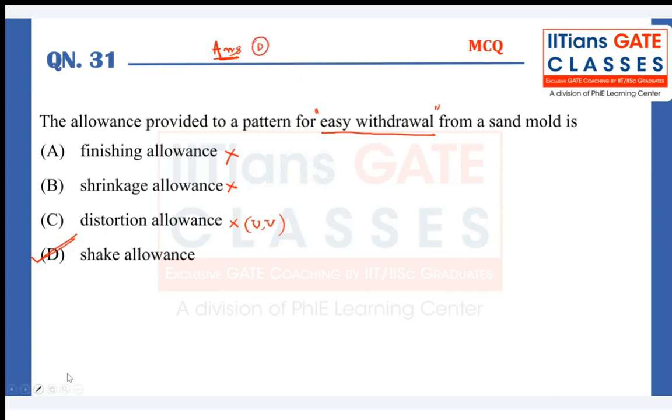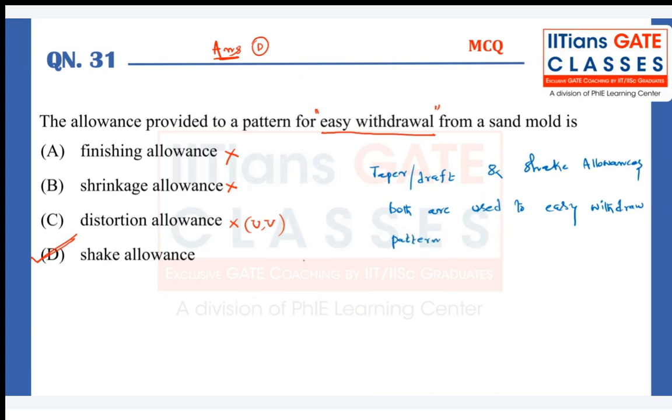Let me explain this in a simple way. Taper or draft and shake allowances are both used for easy withdrawal of the pattern from the mold, isn't it, guys?